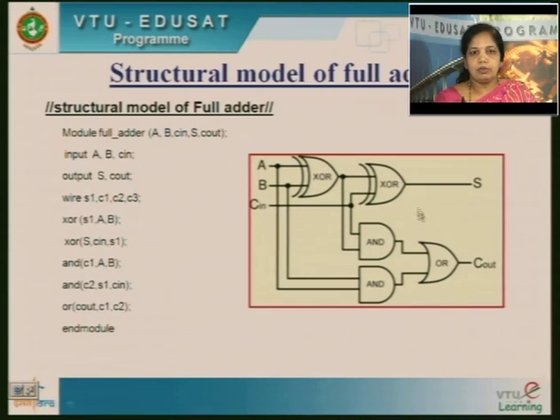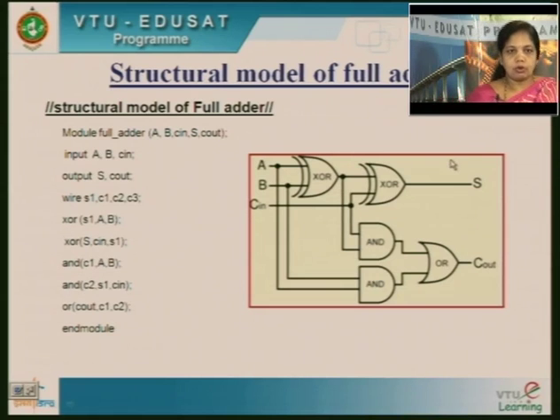So this is how I am going to generate 2 XOR gates, 2 AND gates and 1 OR gate. The OR gate output is C out, and C1, C2 are intermediate variables, and the intermediate variable over here is S1. So finally I will be generating this full adder circuit using the structural model.